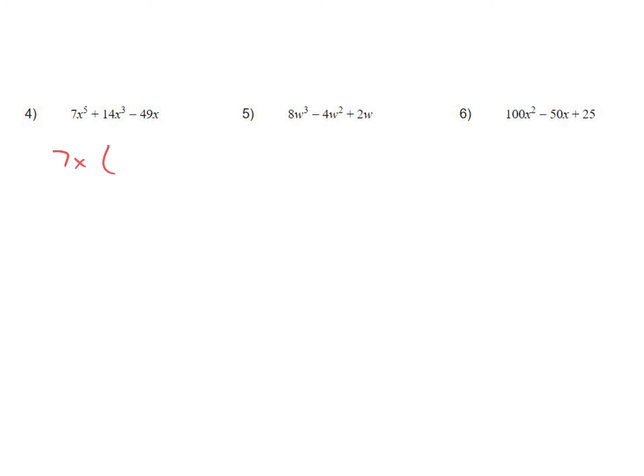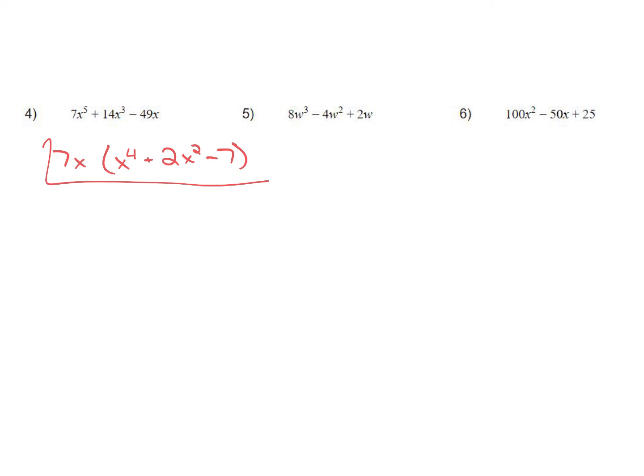Then 7 divided by 7 is 1. X to the 5th divided by x, subtract 1 from the exponent. 14 divided by 7 is 2. X cubed minus 1 becomes x squared. And then negative 49 divided by 7 is a negative 7. X divided by x is just 1. So there we are with our answer.